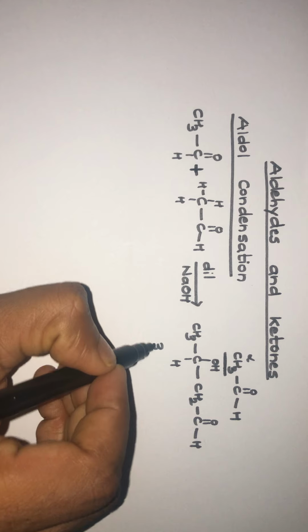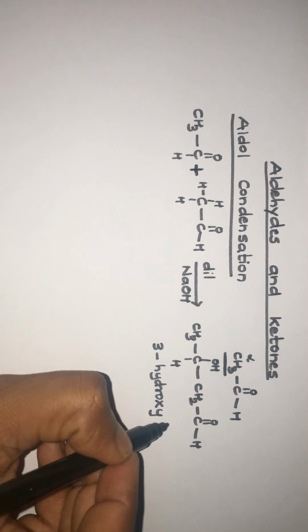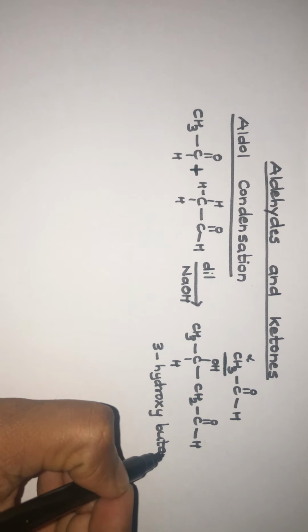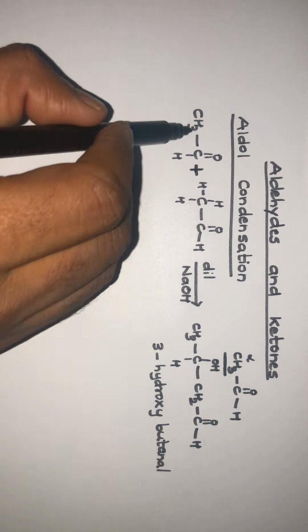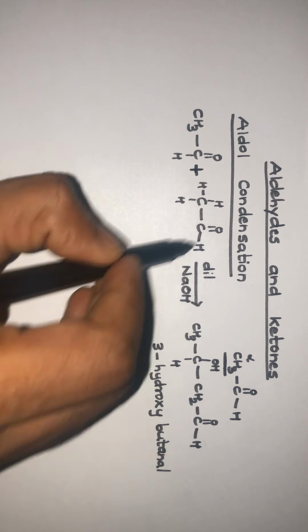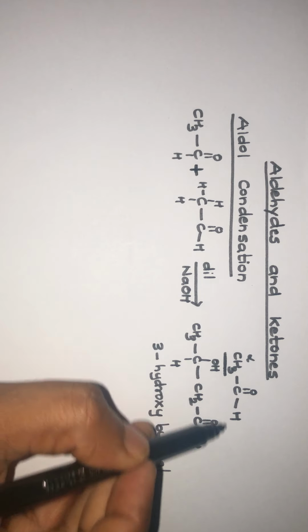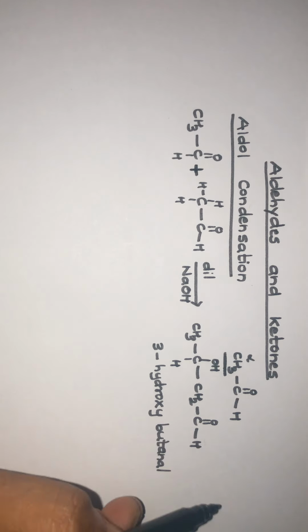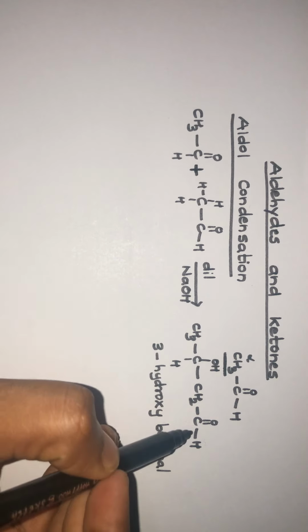So beta hydroxy aldehyde is what you get. This is 3-hydroxybutanal. This self condensation in presence of dilute NaOH to give beta hydroxy aldehydes is referred to as aldol condensation. If you use a ketone, you get a beta hydroxy ketone.